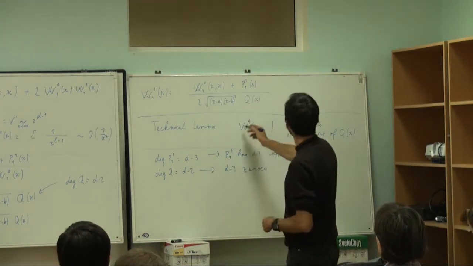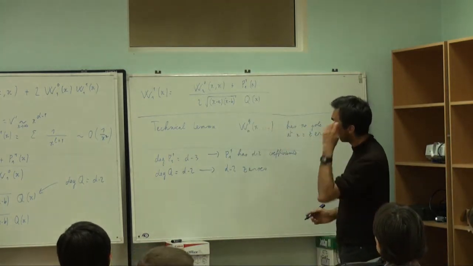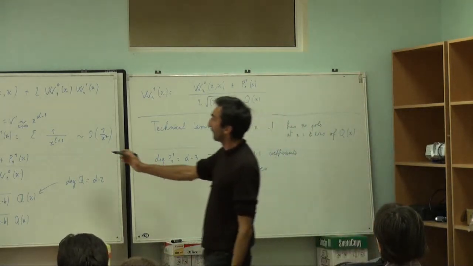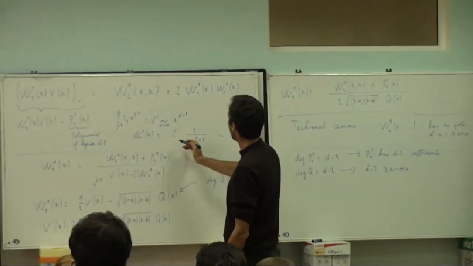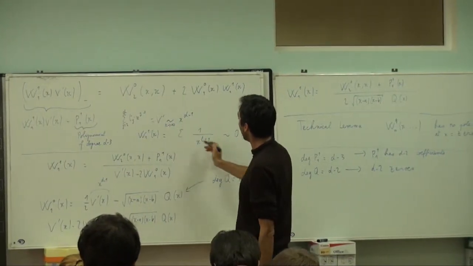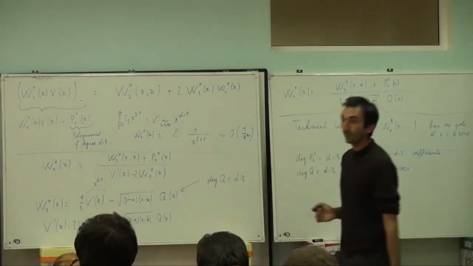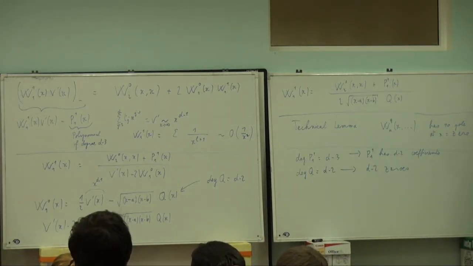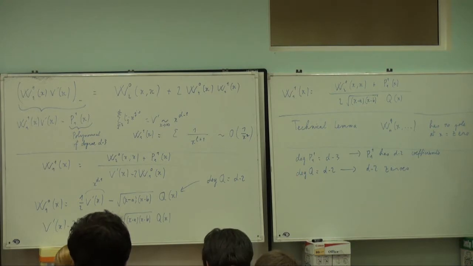Just where this technical lemma comes from, it's basically because W11 of x is a series with poles only at 0. I don't want to enter the details, but it's a series with poles only at 0.